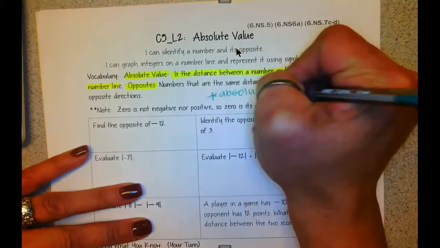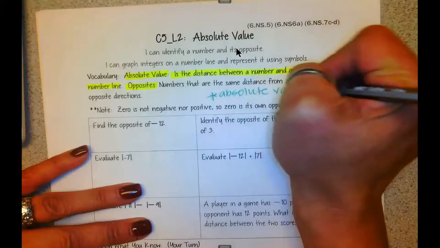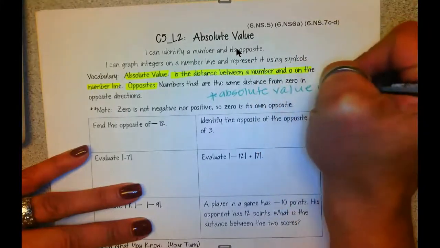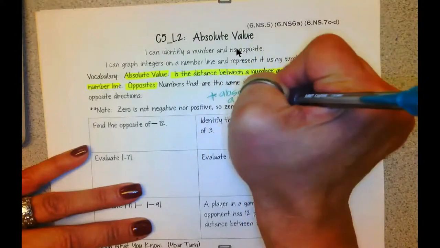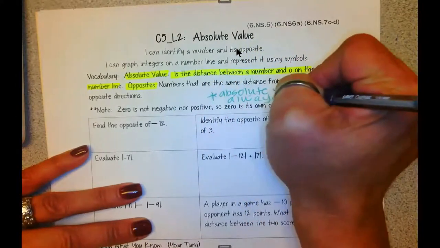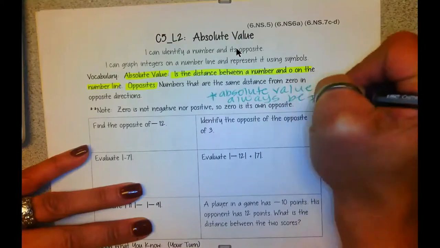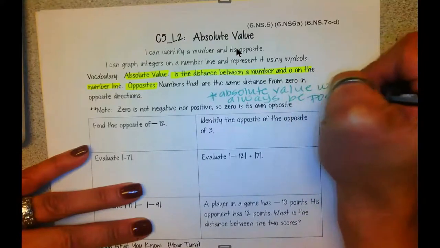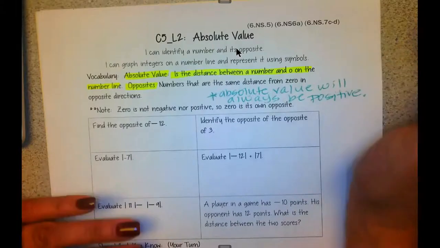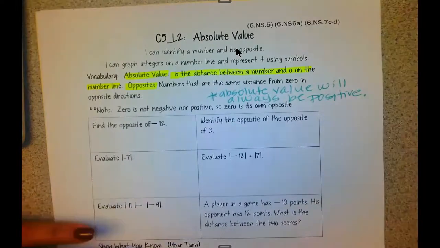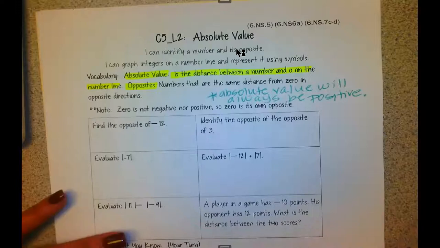Absolute value will always be positive, no matter what. Okay? As long as they're within the absolute value bars. And I'll give you some examples in a minute.